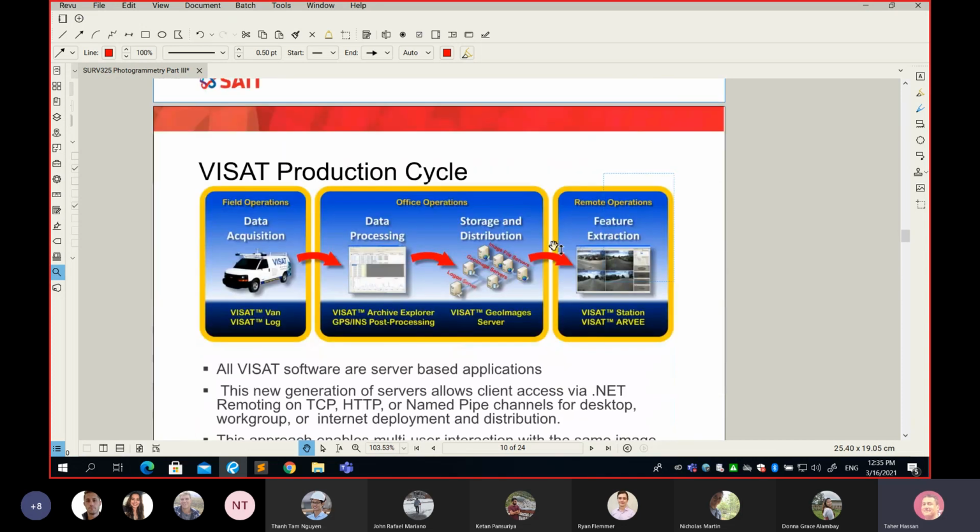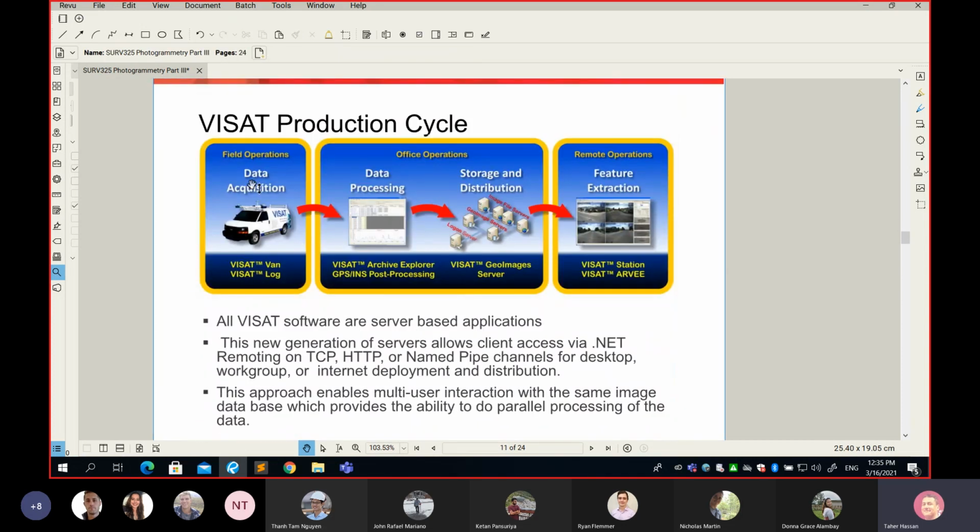Now what's next? Watch the beauty. You spend 1 hour, 30 minutes on site acquiring your data. Once you finish, you simply have to do some processing, like on the GPS data. Then once processing is done, you can upload the data to a server.